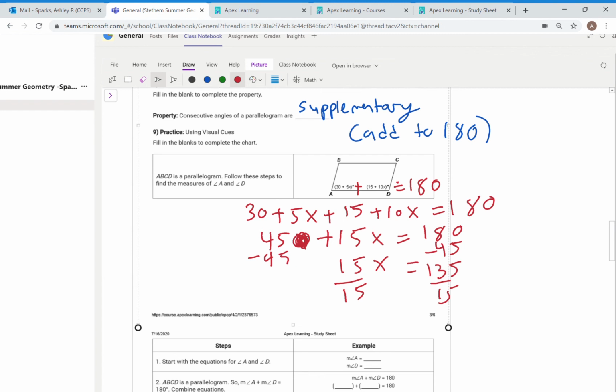Let me get my calculator out. 135 divided by 15 is 9. So x equals 9.